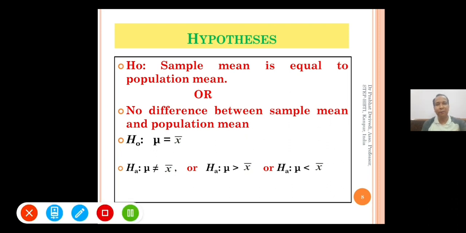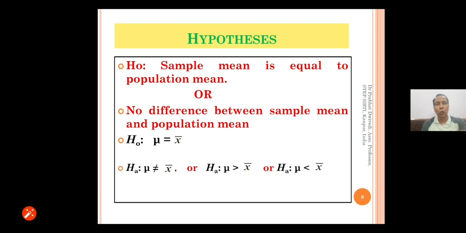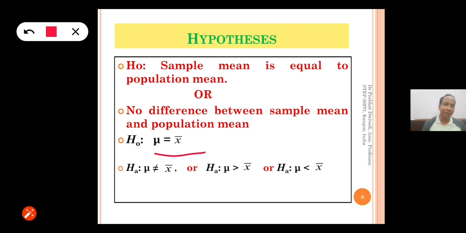In mathematical terms, the null hypothesis is mu equal to x bar, that is, population mean equal to sample mean. Against this null hypothesis we can formulate three types of alternative hypothesis. One option is mu not equal to x bar, that is, population mean is not equal to sample mean.